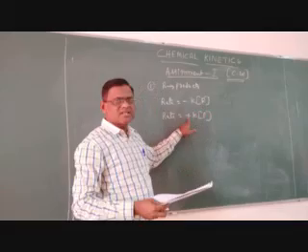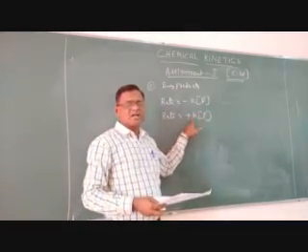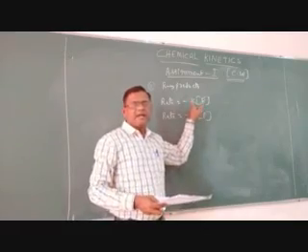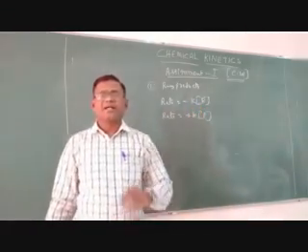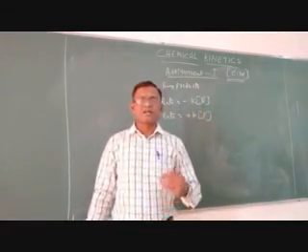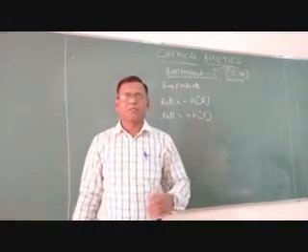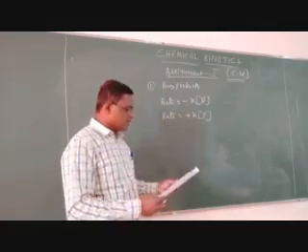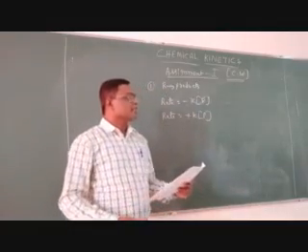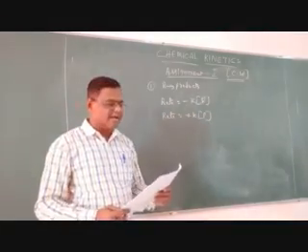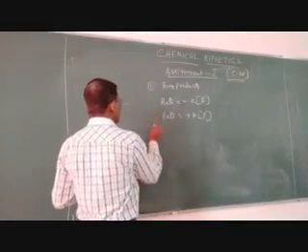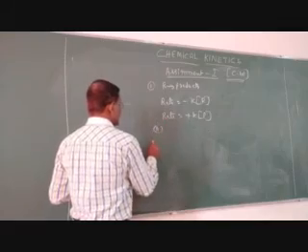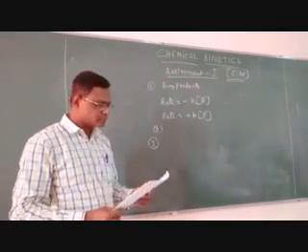The plus sign indicates increase in the concentration of the products with time t. That is why negative and positive indicate the decrease or increase in the concentration of reactants or products with time respectively. So decrease in the concentration of reactants with time is correct. Option A is correct, children.